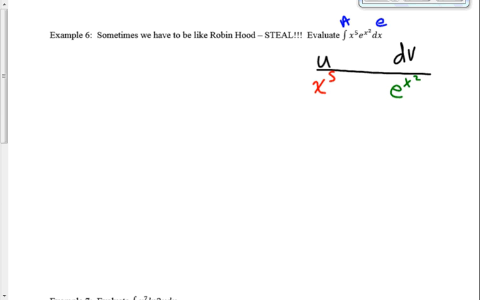Now, here's the problem. I can take that derivative and I can get it to go down to 0, no problem. My issue is with my dv. I have to be able to take the antiderivative of e to the x squared. I can't unless I have the derivative of the inside. Now, the derivative of the inside is an x. So what happens is we can't integrate it as it stands.